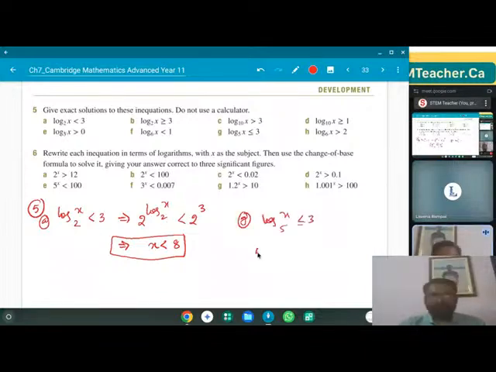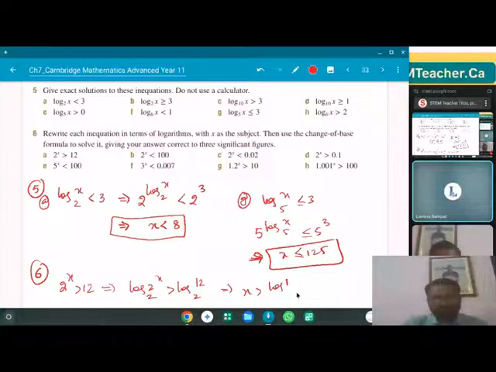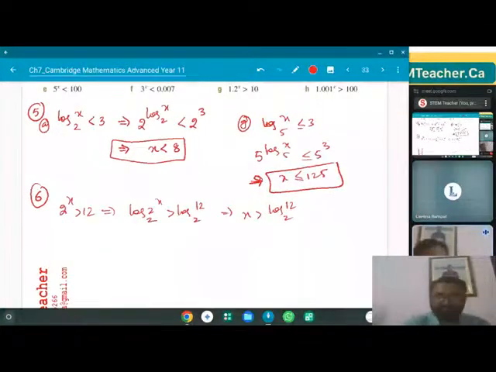Sixth A is very simple. 2 power x is greater than 12. So you should take logarithms on both sides. Log 2 power x base 2 is greater than log 12 base 2. You can simplify to much better values if you know log 3 and log 2 values.